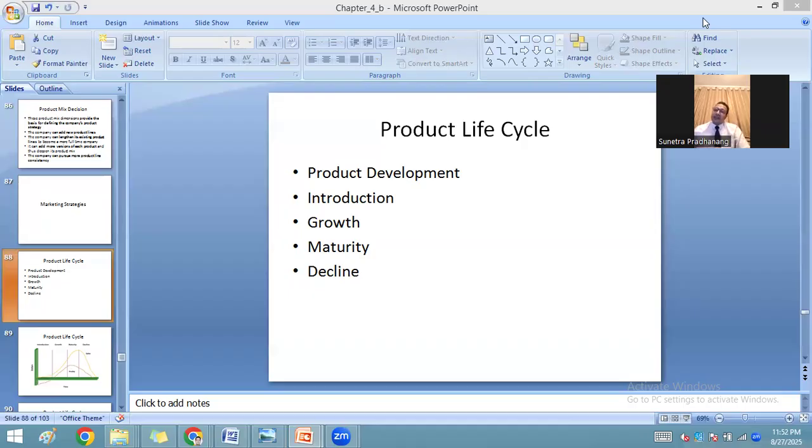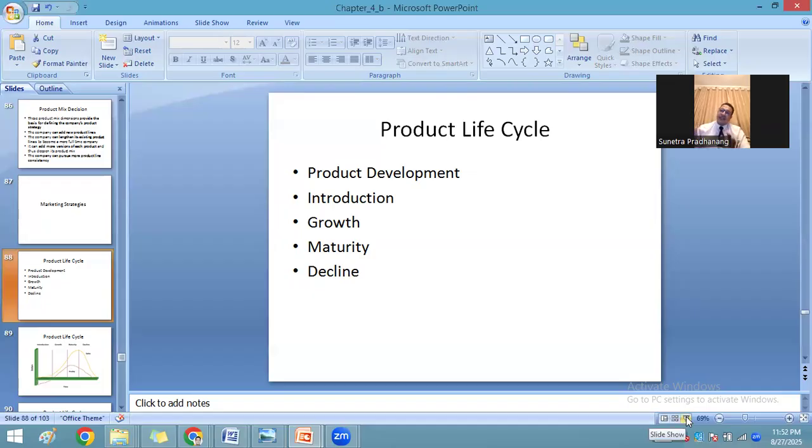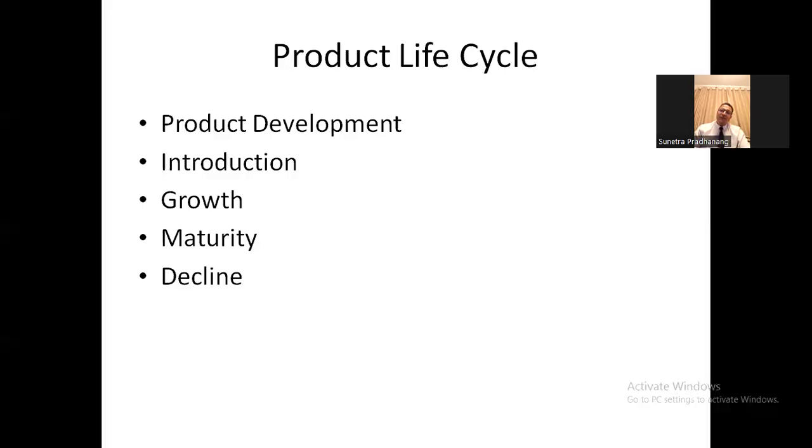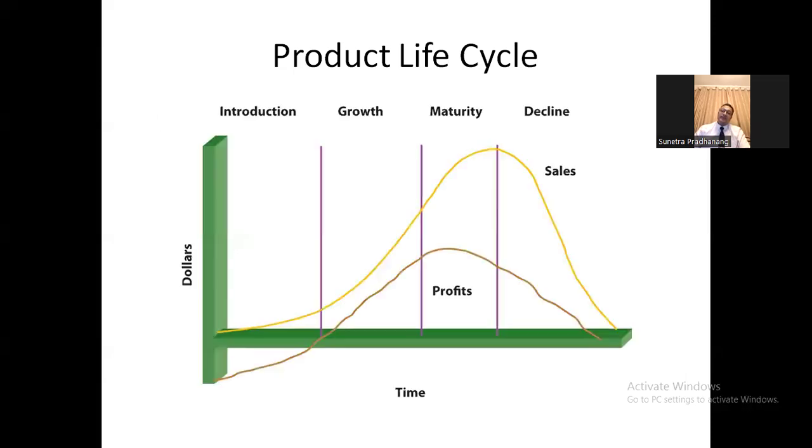We might have seen this product life cycle before, but here we will discuss what our marketing strategy will be in every life cycle stage: from product development to introduction, growth, maturity, and decline.